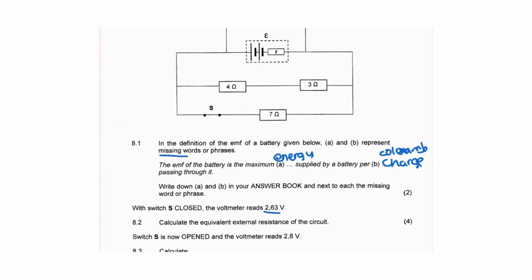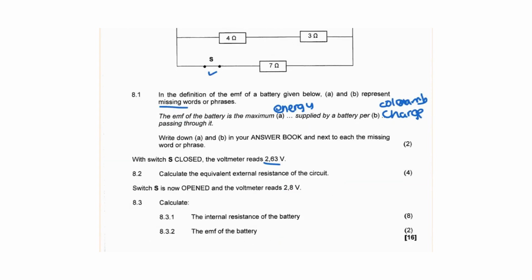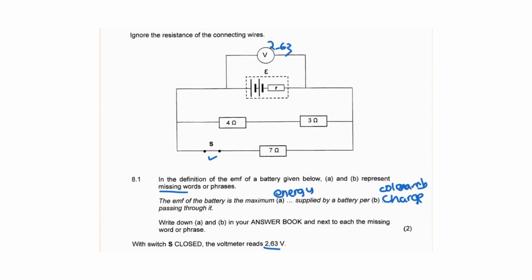So now we are closing switch S, and then the reading is 2.63 there on the voltmeter. Calculate the equivalent resistance of the circuit. So the equivalent resistance is the total resistance of the circuit. So since we have a parallel, and with this branch it further becomes a series.